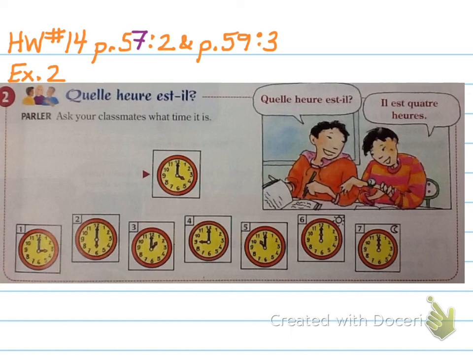We did both of these out loud. In exercise 2, again, our times are 3 o'clock, 6 o'clock, 1 o'clock, 9 o'clock, 10 o'clock, noon, and midnight.